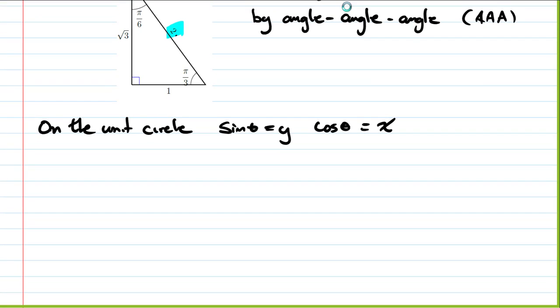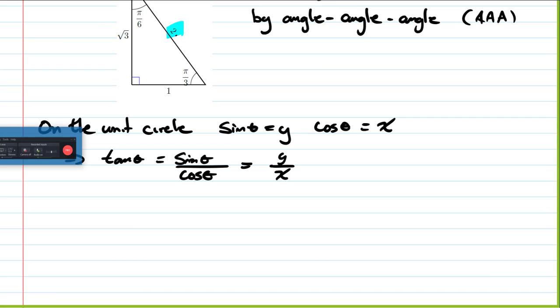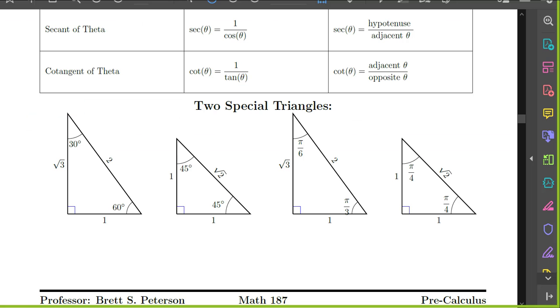And then combining those, we also know that tangent theta is equal to sine theta over cosine theta, which would then be y divided by x. We could also relate that to all of our reciprocal identities as well.